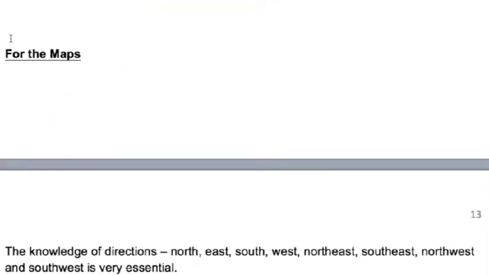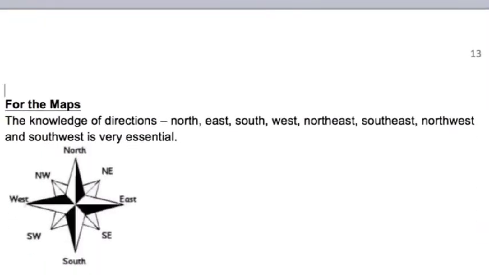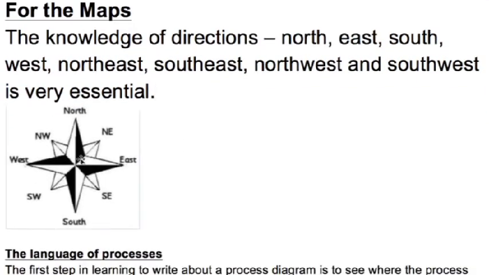Then we have got the vocabulary for maps. This is a very important thing. When you are describing maps in your Writing Task 1, you must know the directions. If you don't have the knowledge of directions, you will be unable to write a report regarding that. The knowledge of directions like north, east, south, west, northeast, southeast, northwest, and southwest is very essential.